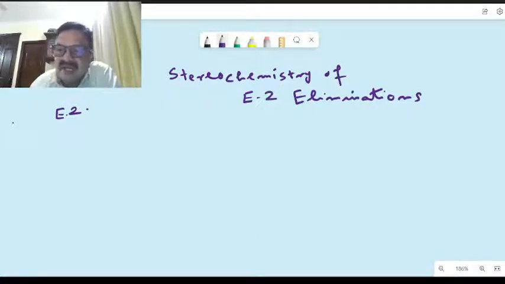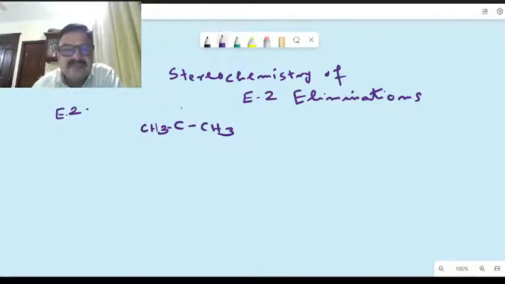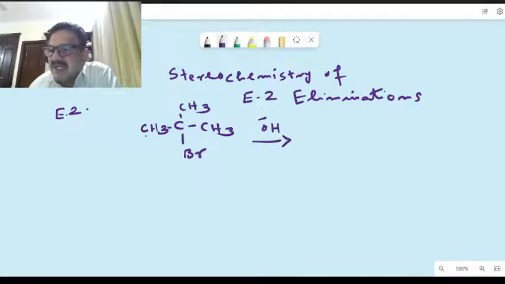Let us see a compound. For example, we can say tertiary butyl bromide. So this will be reacting with a base, say OH minus here, base. So we'll be getting an alkene here.